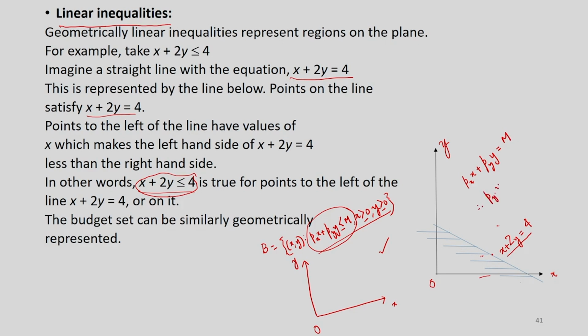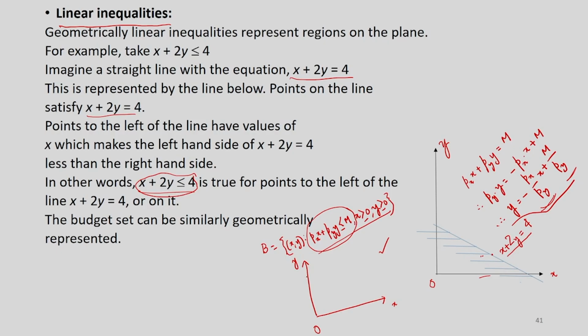P y multiplied by y is equal to minus p x multiplied by x plus m, or y is equal to minus p x by p y times x plus m by p y. This is a straight line, a linear equation. It has a negative slope, because the coefficient of x is negative, and there is a positive intercept on the y axis, which is given by m divided by p y.